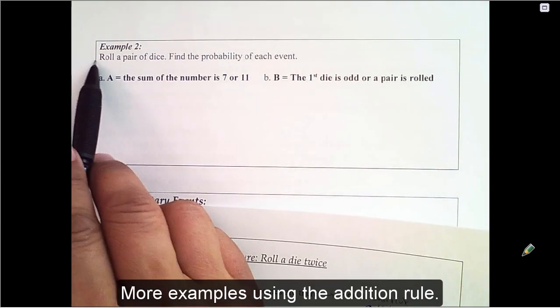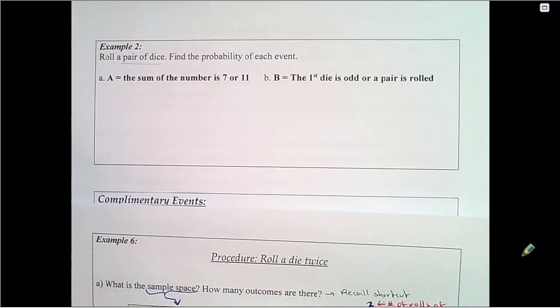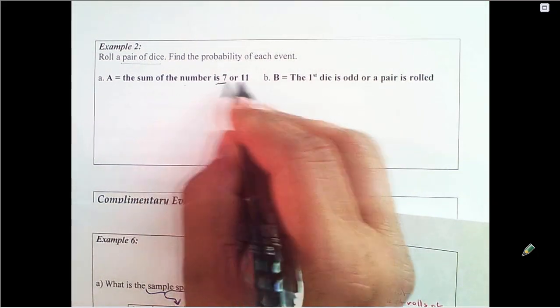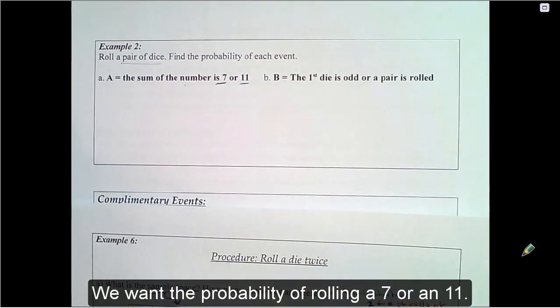More examples using the addition rule. We want the probability of rolling a 7 or an 11.